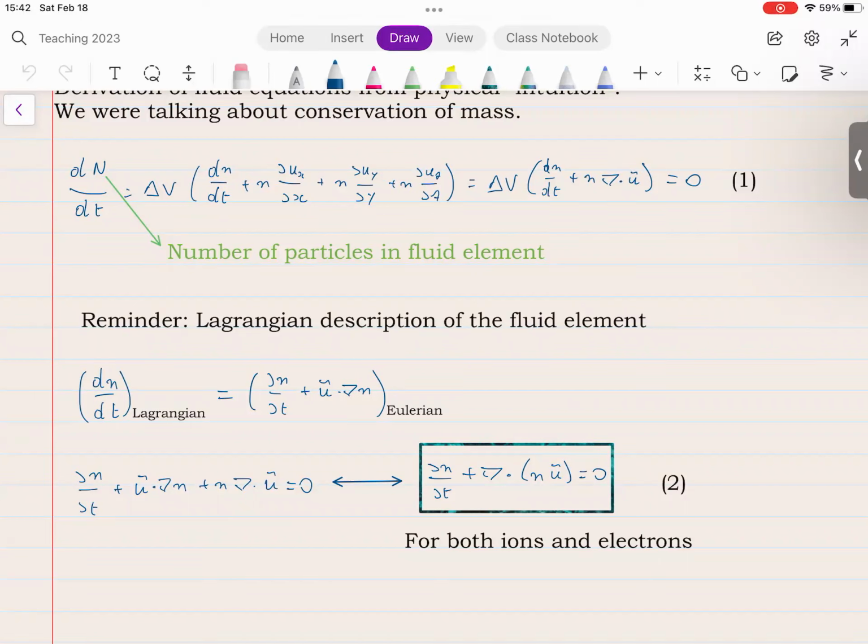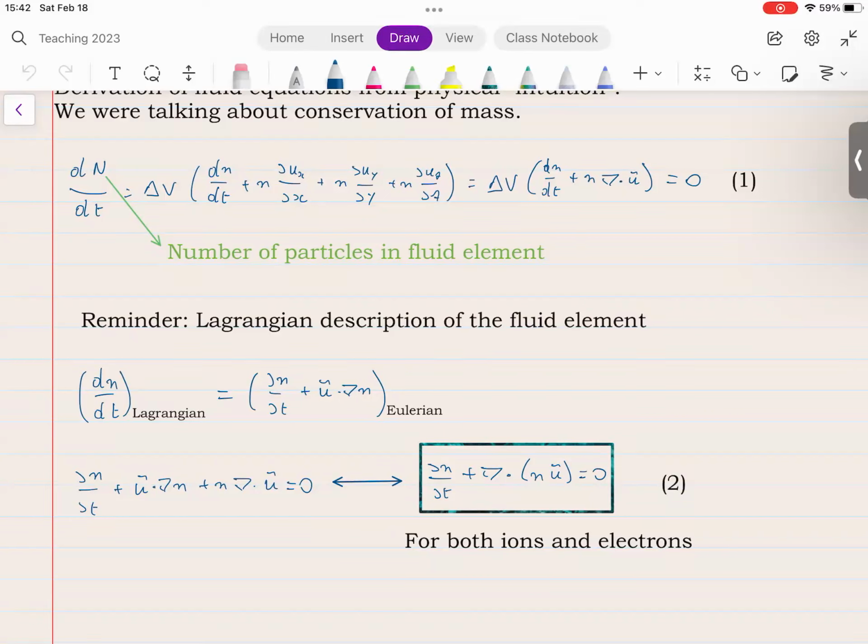Say I have helium, then the ion has a charge of 2, then the density of the ions will be half of the density of the electrons. So the numbers will be different. The velocity of the ions will be different from the velocity of the electrons. But the form of the equation is going to be the same.